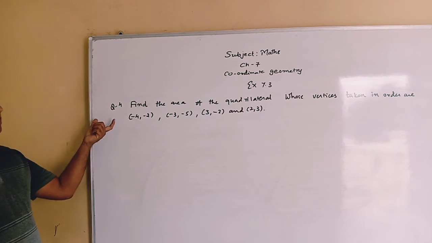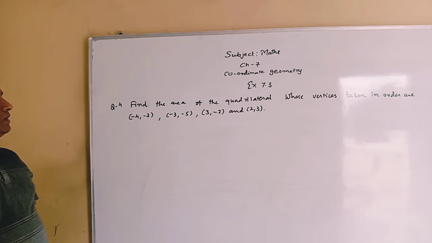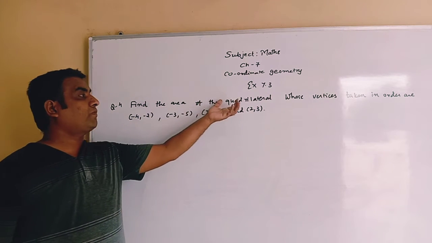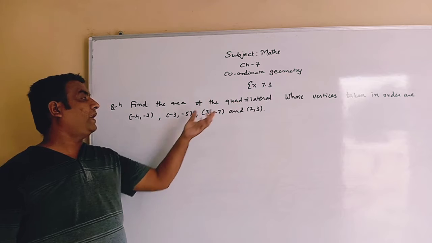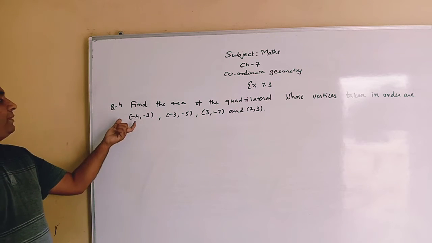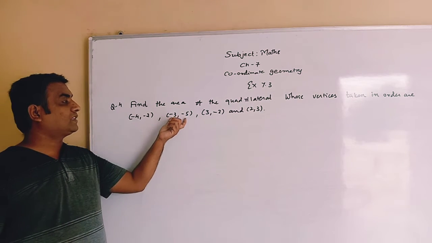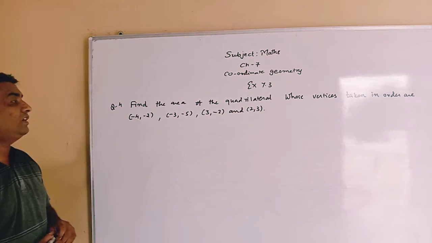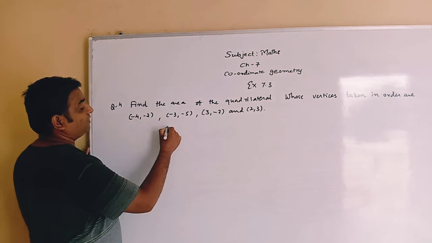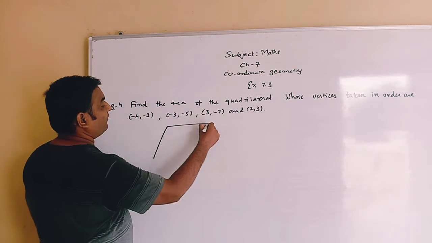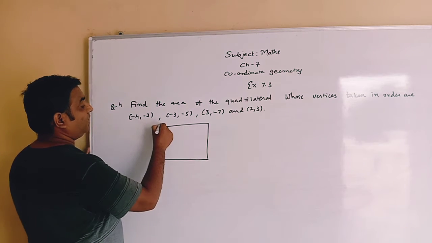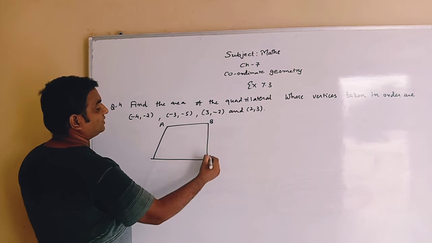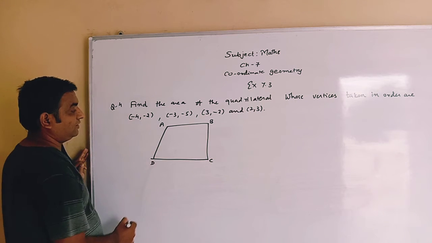Now we are given the question: find the area of the quadrilateral which is formed by the 4 points minus 4 minus 2, minus 3 minus 5, 3 minus 2 and 2 3 taken in order. So let's construct the figure and draw the quadrilateral ABCD.